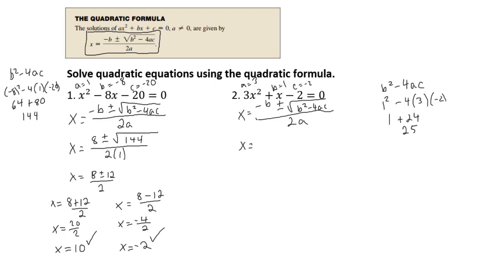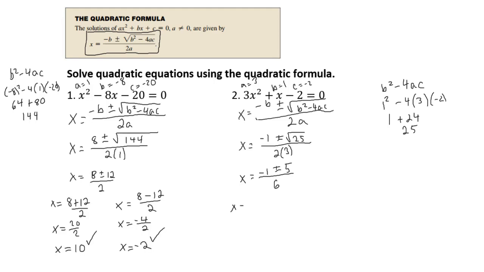So now I have x equals the opposite of 1 plus or minus 25 over 2 times 3. So that's x equals negative 1 plus or minus 5 over 6.